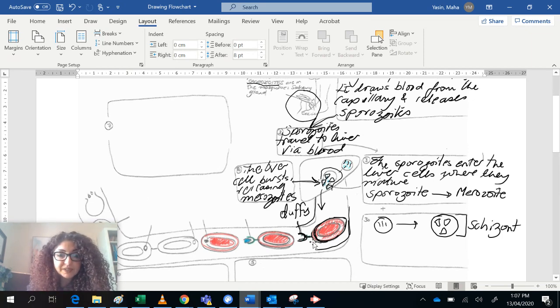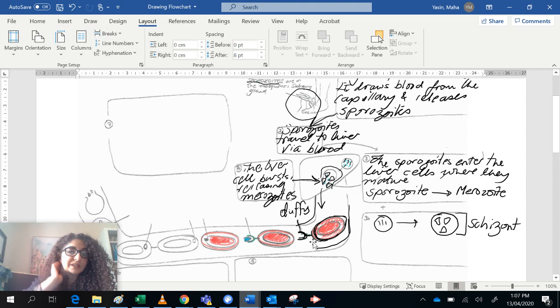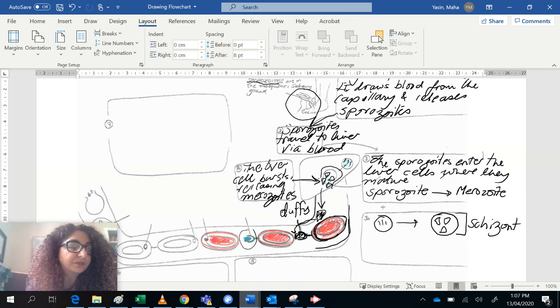So what happens here is that this merozoite is going to now enter. It goes to the blood, so here's our merozoite just right here, and then it's going to latch onto that. So if you take a look, that's what it becomes. So right here we can see that they formed this complex right here. Now, once the merozoite has actually attached itself to the receptor on the red blood cell, it can actually enter.